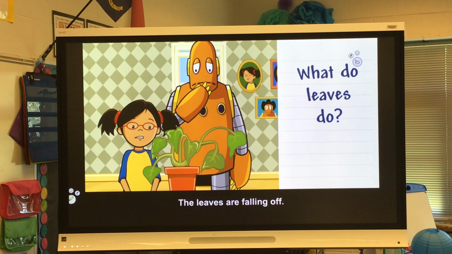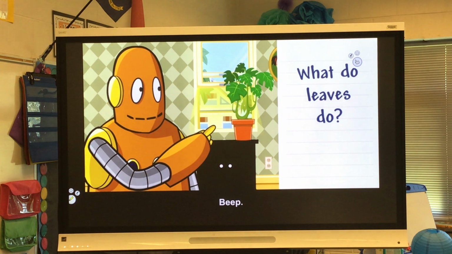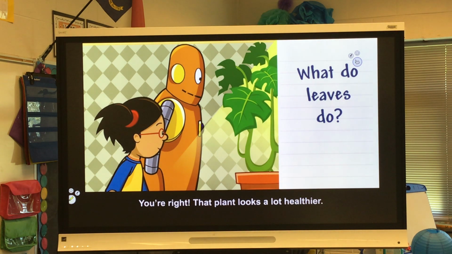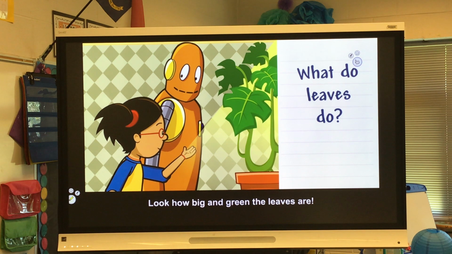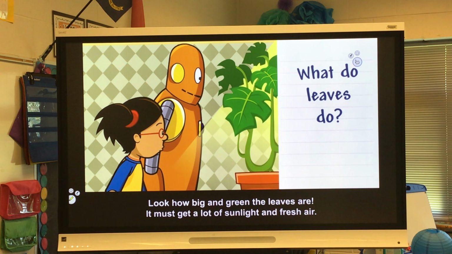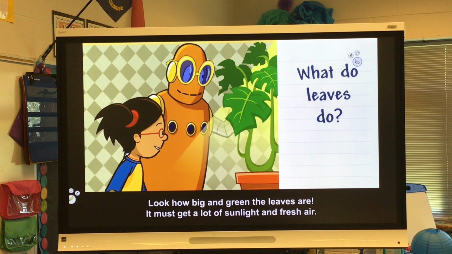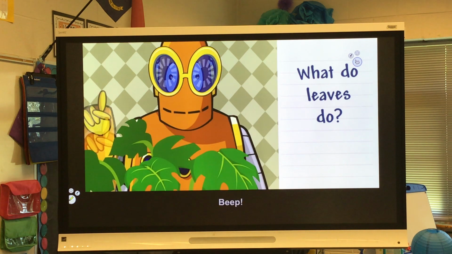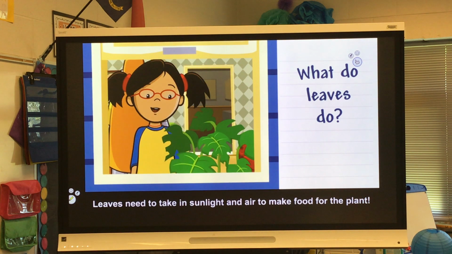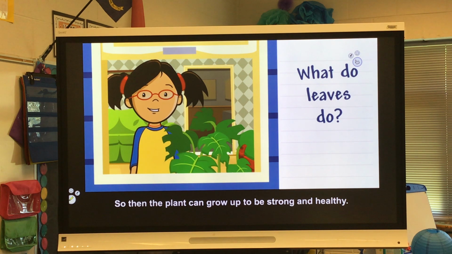The leaves are falling off. You're right. That plant looks a lot healthier. Look how big and green the leaves are. It must get a lot of sunlight and fresh air. Leaves need to take in sunlight and air to make food for the plant. So then the plant can grow up to be strong and healthy.